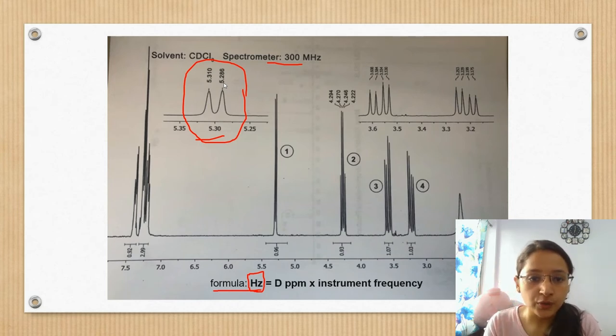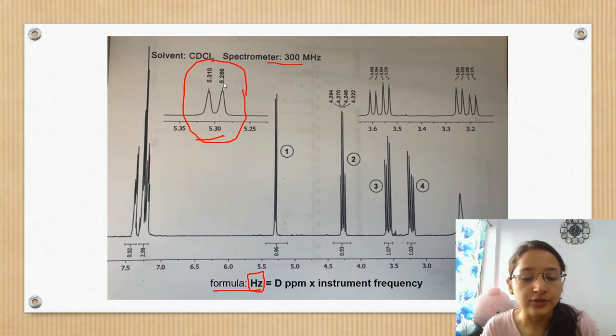It doesn't depend on the electromagnetic radiation or electric field. It remains constant throughout, so it is not the chemical shift. When you apply the magnetic field and get the chemical shift value, it may vary if you increase or decrease the electromagnetic radiation. But the coupling constant always stays the same.